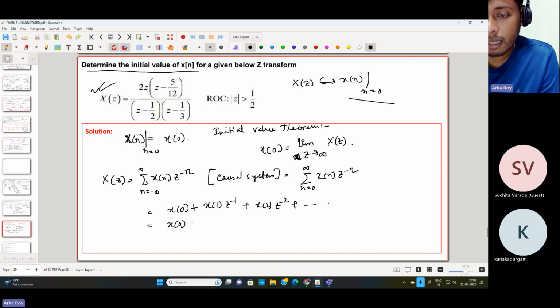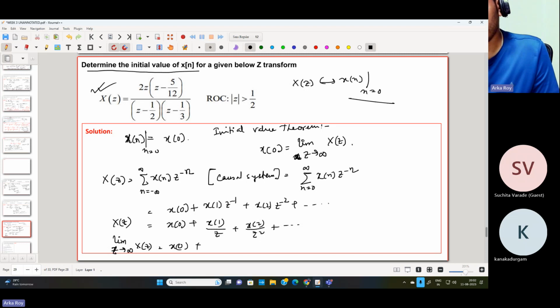So I can write it as x0 plus x1 by z plus x2 by z squared, likewise. Now if I take the limit on both sides with z tending to infinity, I will get x0 as it is, and all these other terms, with infinity in the denominator, will reduce to 0. Therefore, the limit as z tends to infinity of x z is actually x naught. That means this is the initial value theorem.